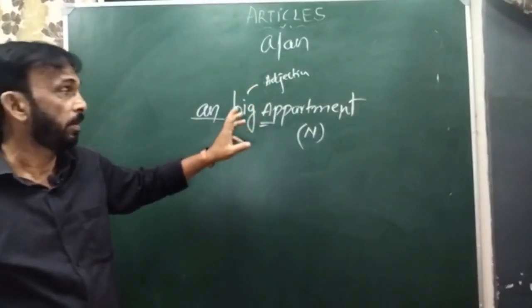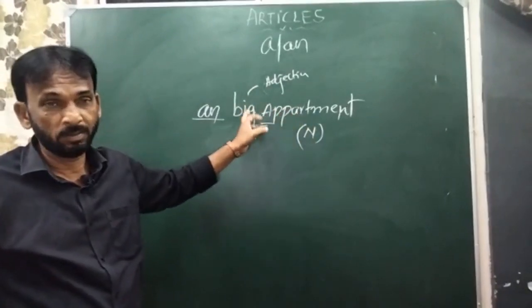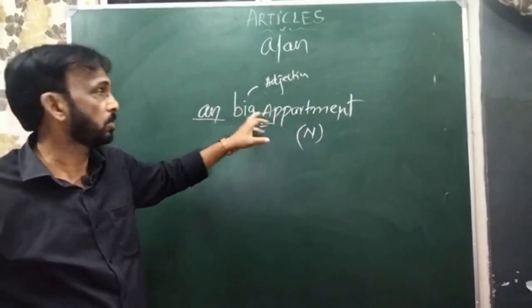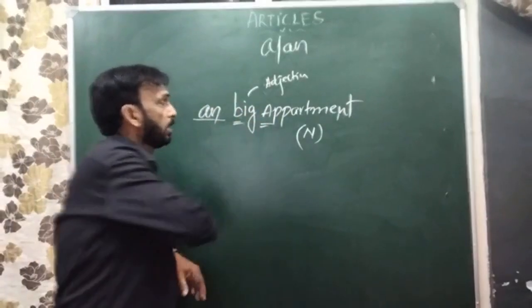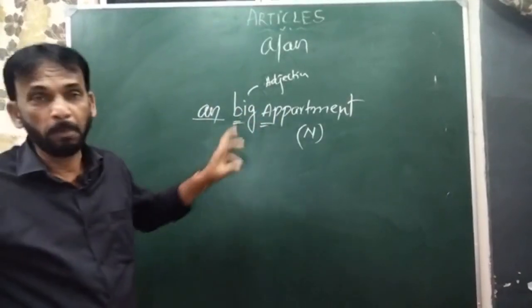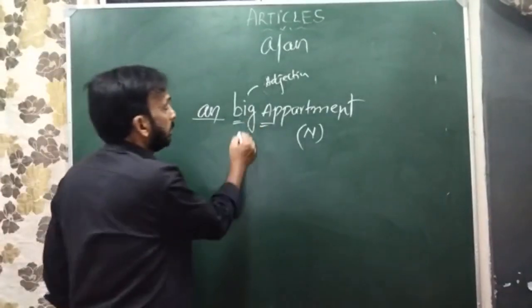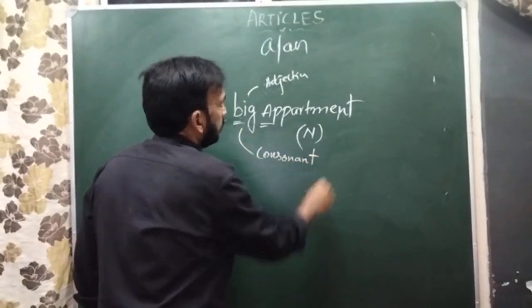Now, if an adjective comes before the noun, before this apartment, like old building, big building, all these are adjectives. Okay, big. So the first letter of this big is B. And B is a consonant one. Yes or no?